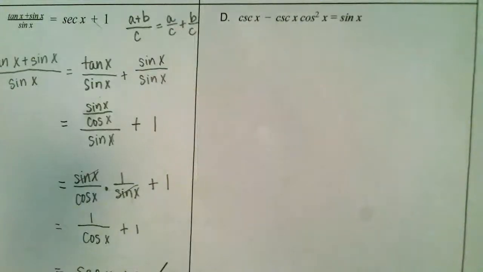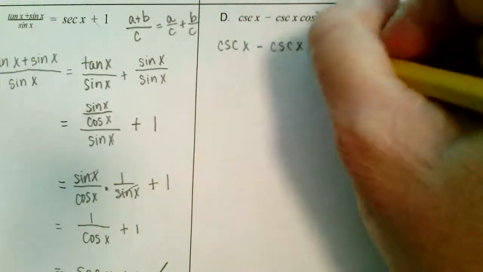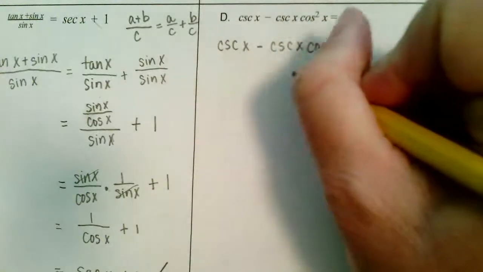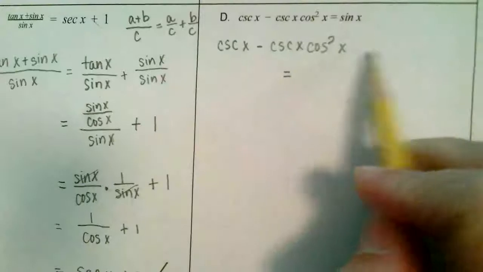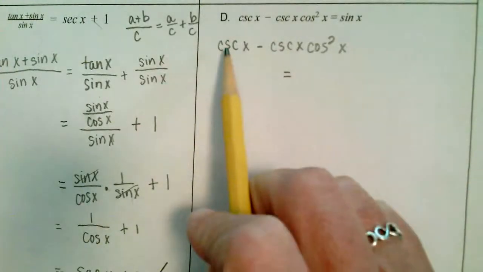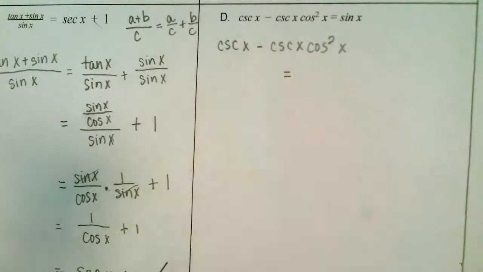For letter D, I noticed that my left side is more complicated, so I'm rewriting that side. I'm going to put my equal sign down here because I can see that I'm not going to fit here, so that's okay to do. So I noticed that both of these have a cosecant in them.